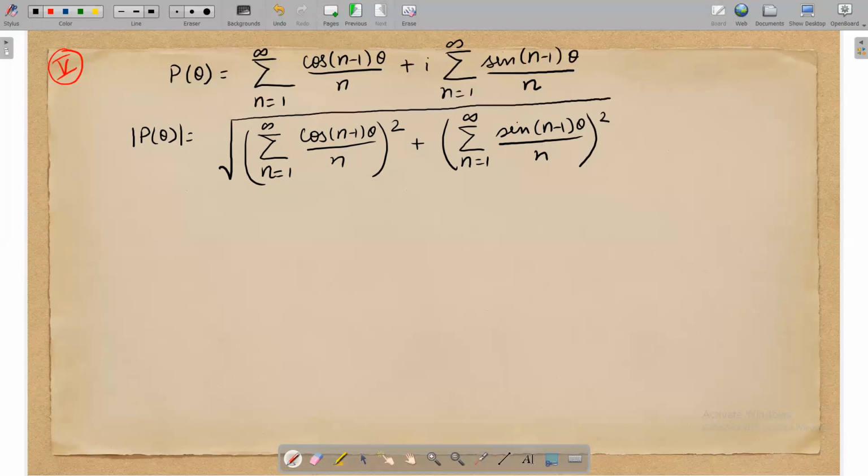This is going to be modulus of p theta. This is actually the distance traveled by the walker after completing his total journey, or you can say the distance of the endpoint of the walker from the origin.